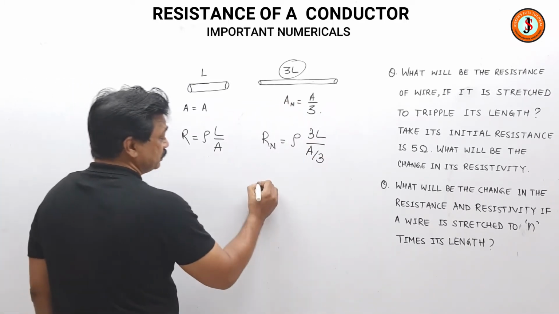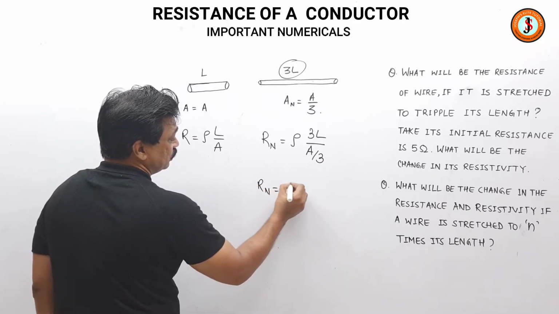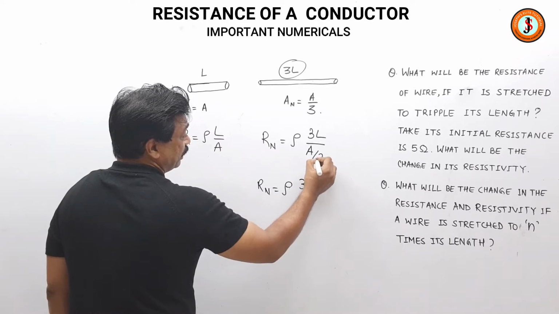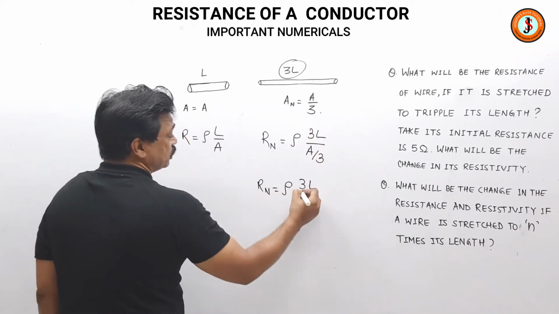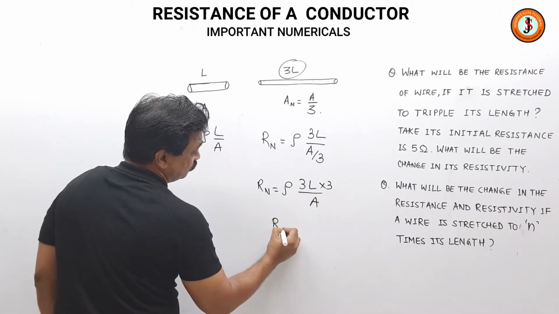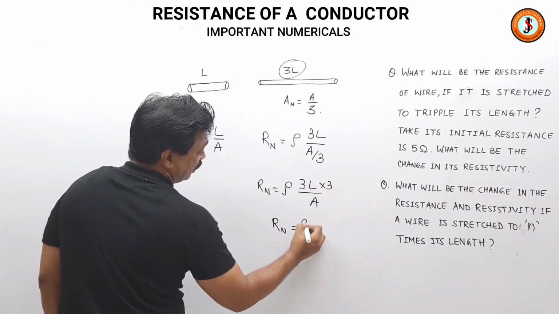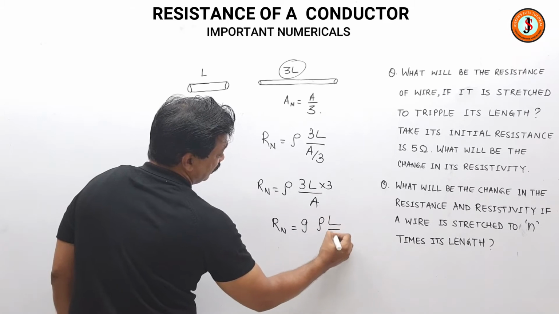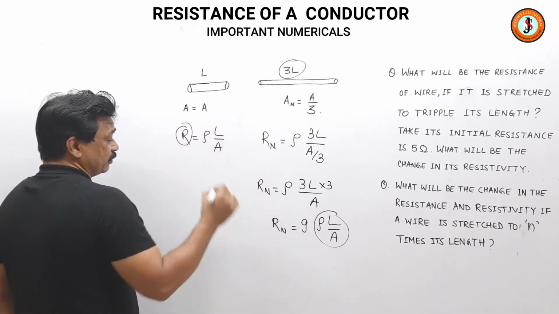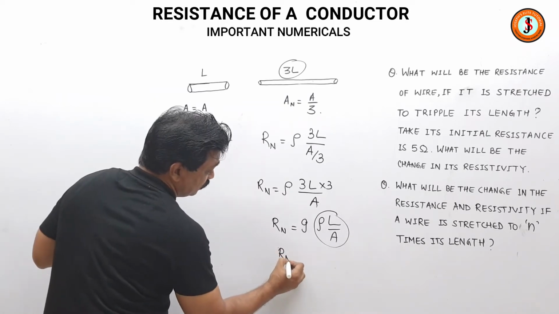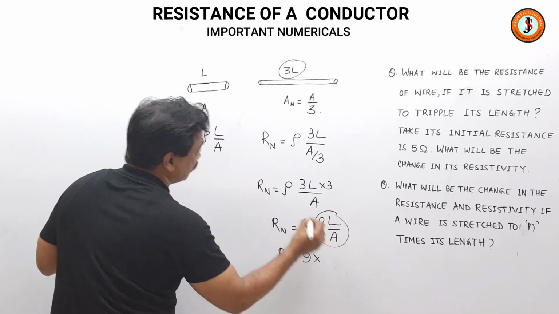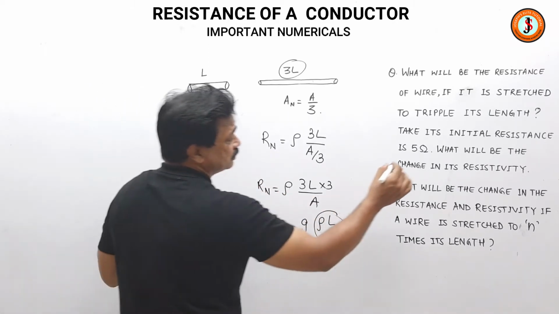Now what will happen? Resistance new is rho 3L by A by 3, so the 3 goes up, into 3 by A, so resistance new is equal to 3 into 3, 9 rho L by A. Obviously this rho L by A is equal to R, so resistance new will be equal to 9 times R, but the value of R is given as 5.